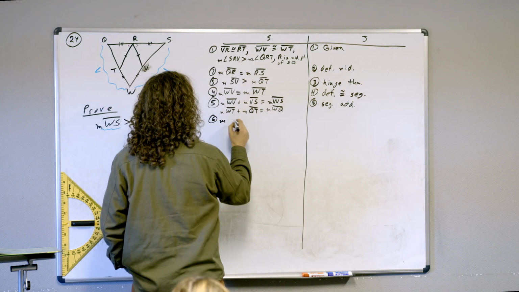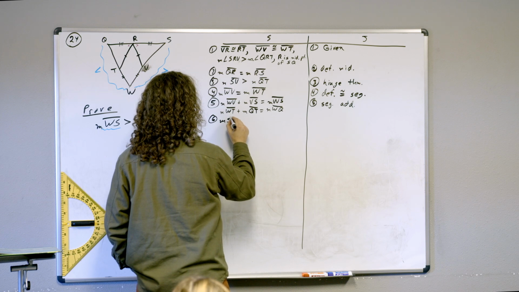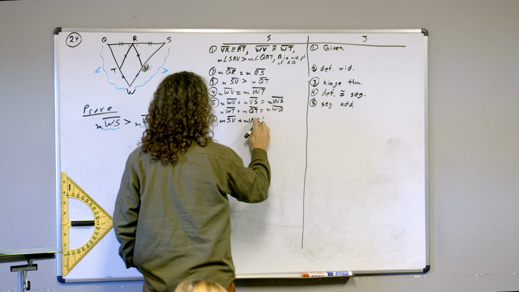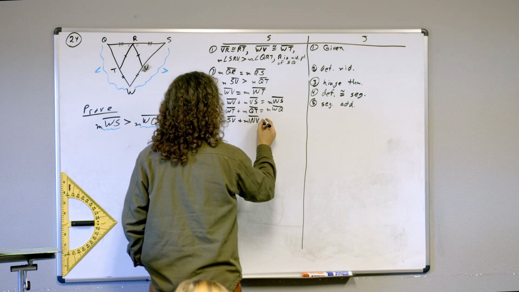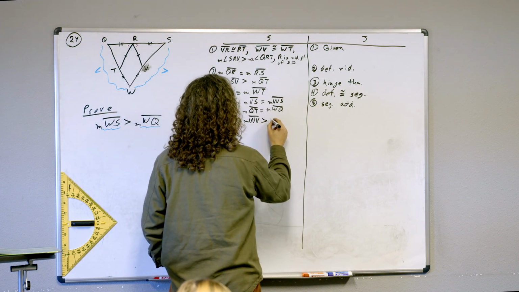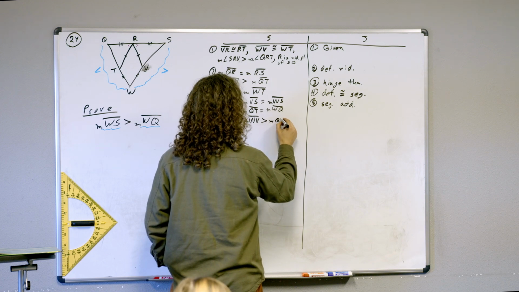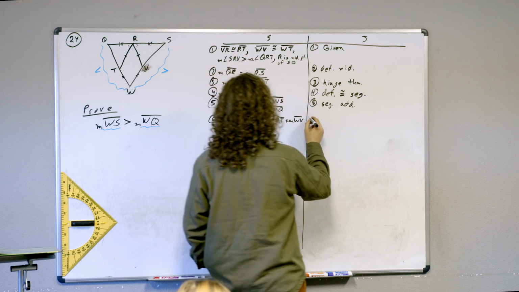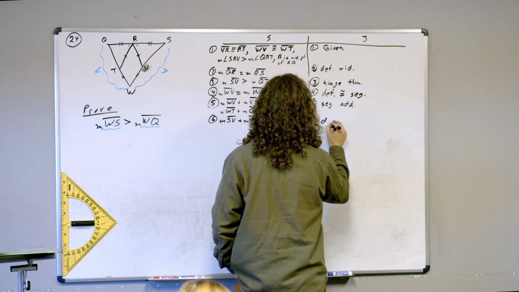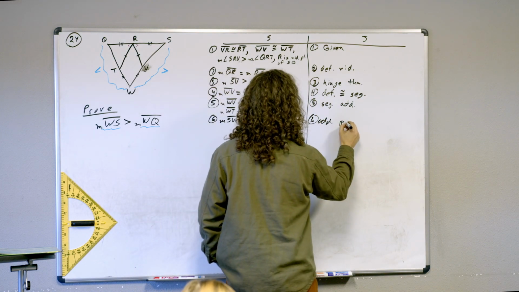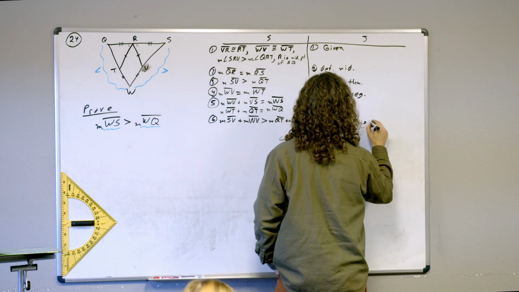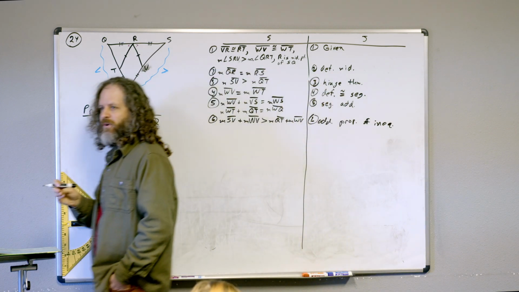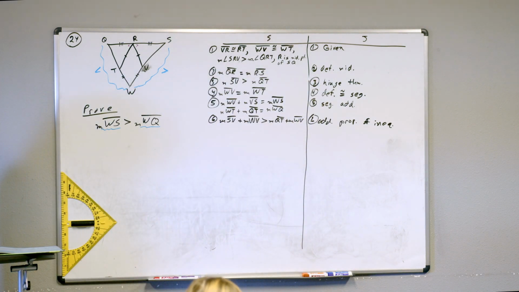So the measure of SV plus the measure of WV is greater than the measure of QT plus the measure of WV, because of the addition property of inequality. Yeah? That work for everybody? Anybody have a question about that?